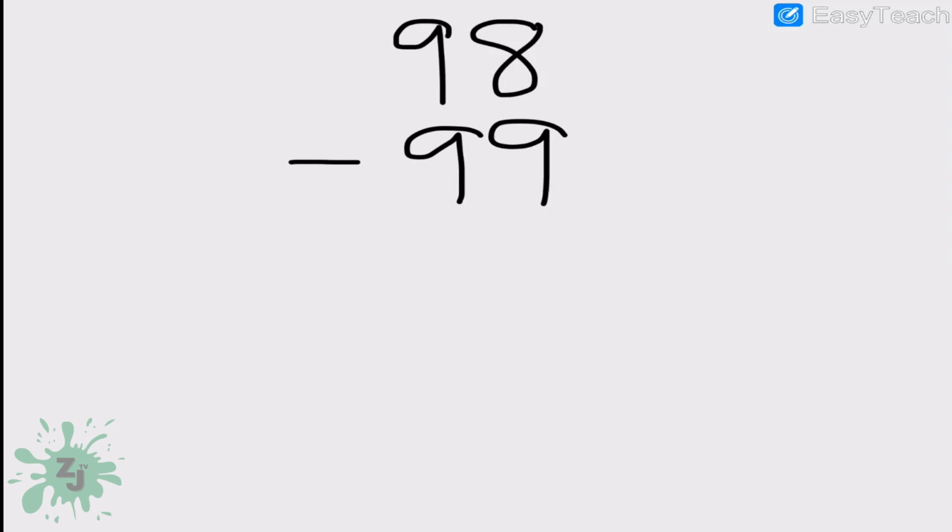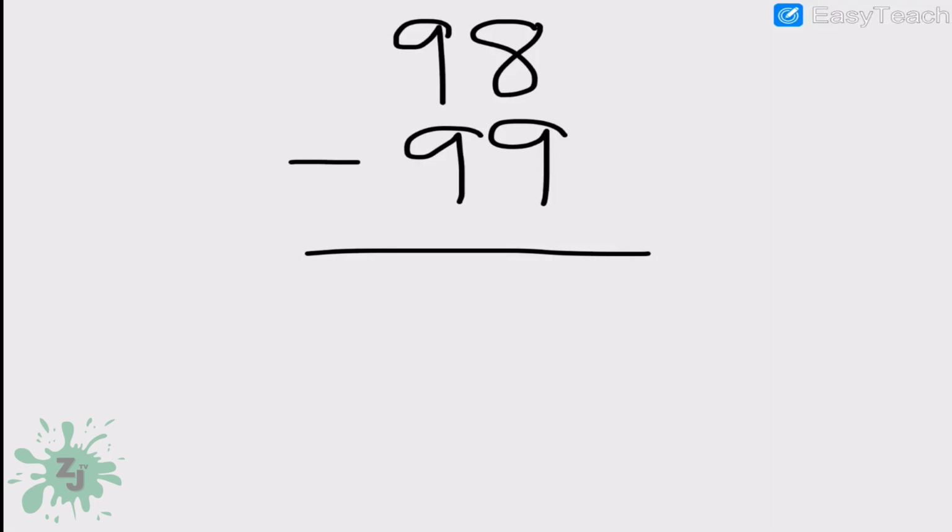Next example, let's try this one. 98 minus 99. As we can see, the minuend is much smaller than the subtrahend, but to solve this one, there is a proper approach. What we must do is subtract from left to right.